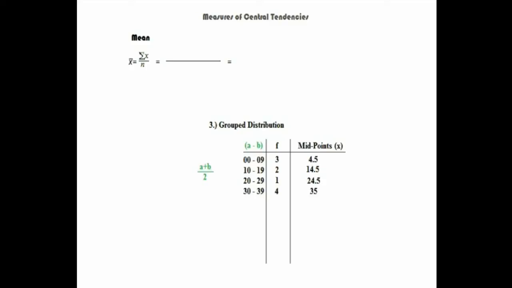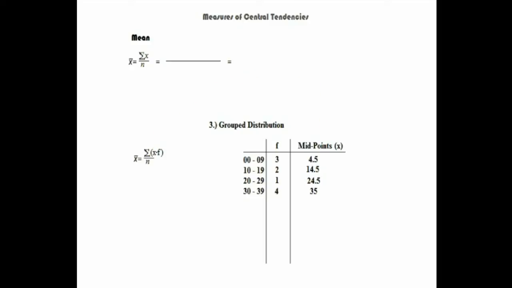Since we are assuming that these three numbers are right here, we are going to use the same formula that we used before. The formula is going to be the same. The mean is the summation of the values of x times the f's divided by n. The difference is that the x's now are the midpoints. All right.